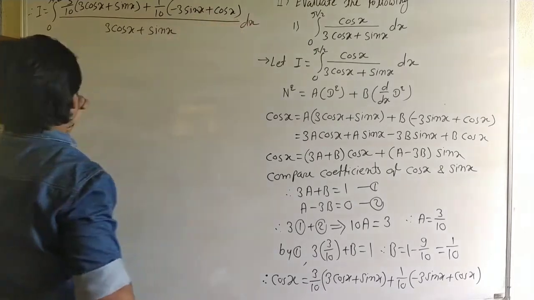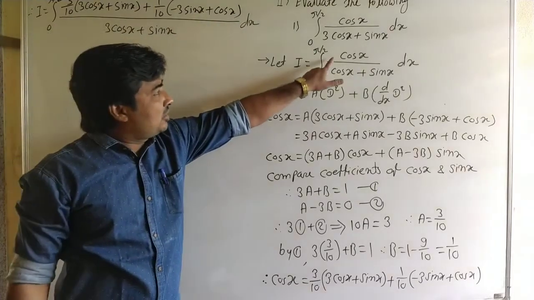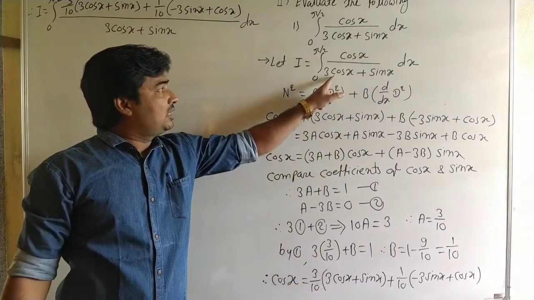See carefully this. Here cos x is replaced by this term and the denominator stays as it is.